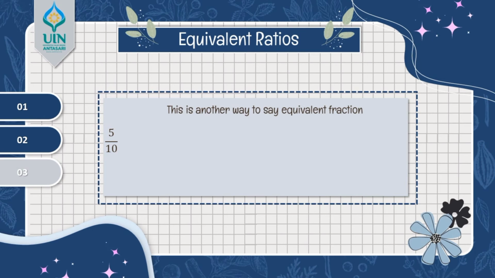To do that, I would divide both the top and bottom of the fraction by the same number. Now, why did I pick the number 5? Because 5 is the greatest common factor of both 5 and 10.